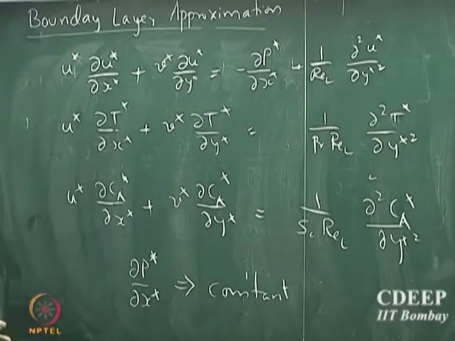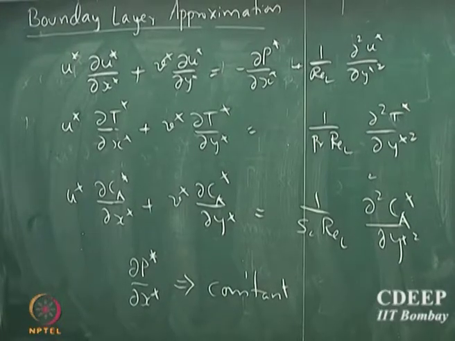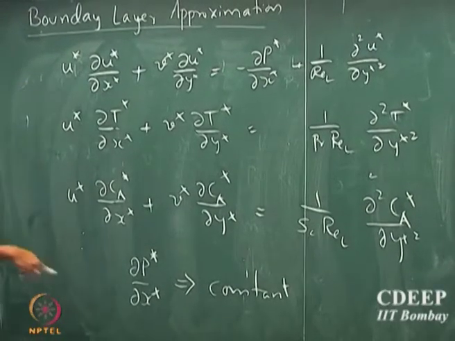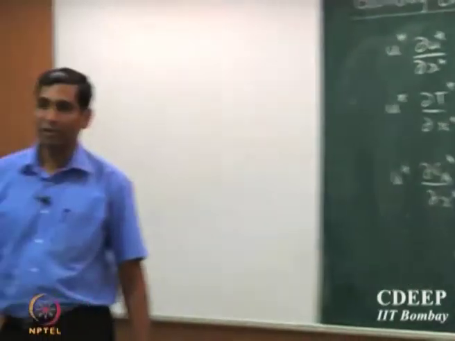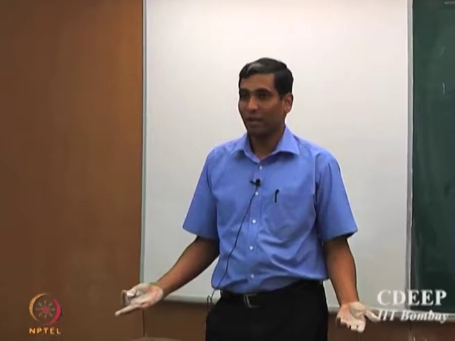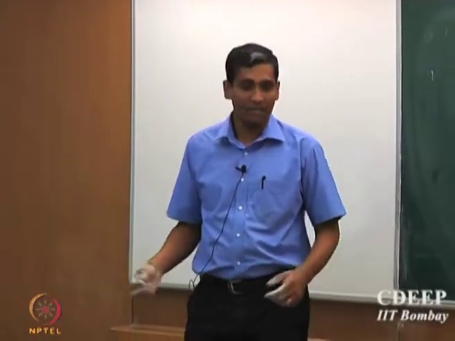So these three equations are very similar, which means that if I know the solution of one of them, I should be able to guess what the solution of the other two equations are, because they are structurally similar.